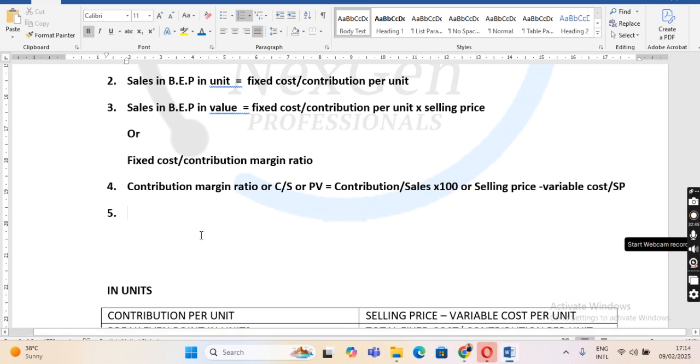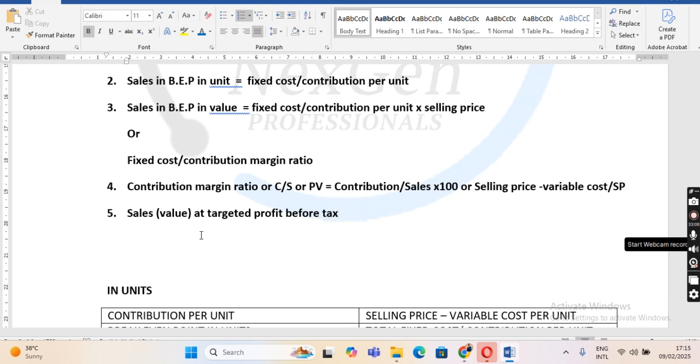Just understand the sales value at targeted profit before tax.